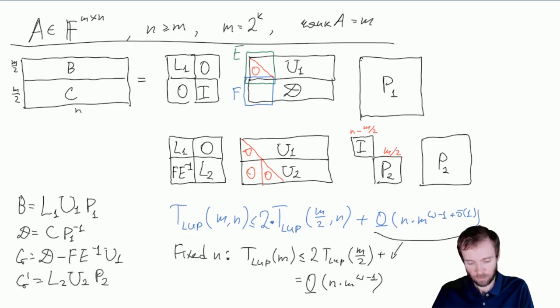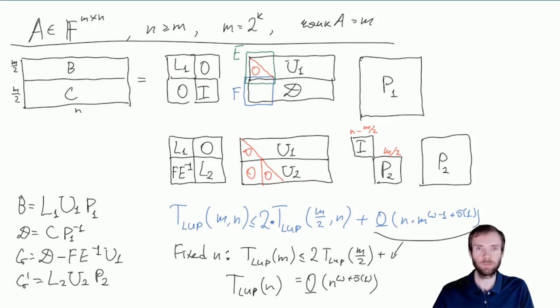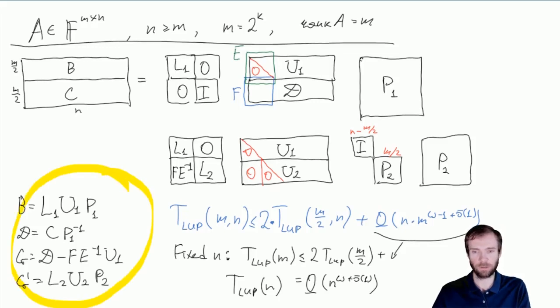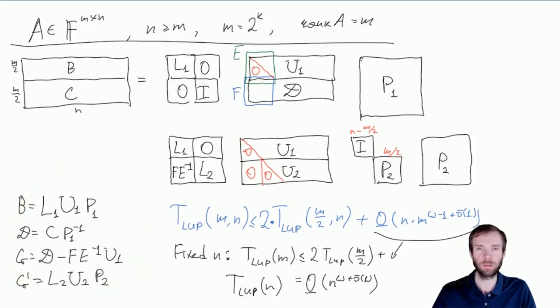And finally, the complexity for running the procedure on a square matrix where m is equal to n is thus big O of this guy, which is again our big O of n to the power of omega plus little o of 1. So we finally have proved that our recursive procedure, with all the necessary computations, with genuine matrices and with permutation matrices, leads to the time which is roughly the same as multiplication of two matrices, and this is determined by the matrix multiplication exponent.